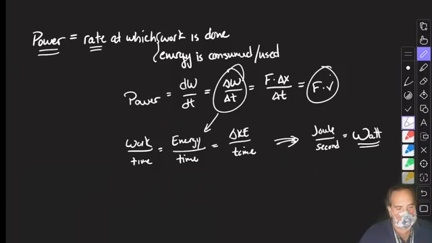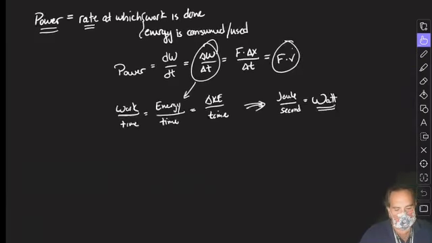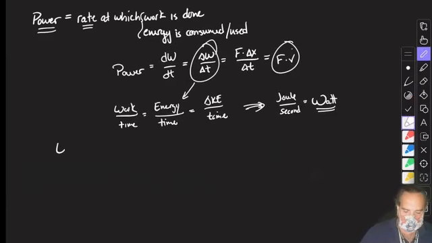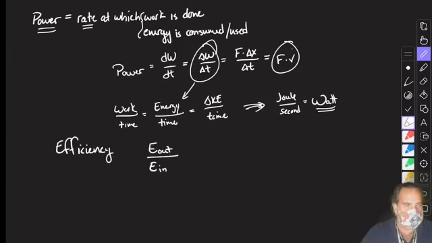Eventually, it would be nice if we could get a short expression of efficiency, because efficiency actually has a little bit more meaning. And power and efficiency are not related, but they tend to be discussed at the same time. While power is a discussion of how fast we consume energy, efficiency is a ratio of the energy we get out compared to what we put in.